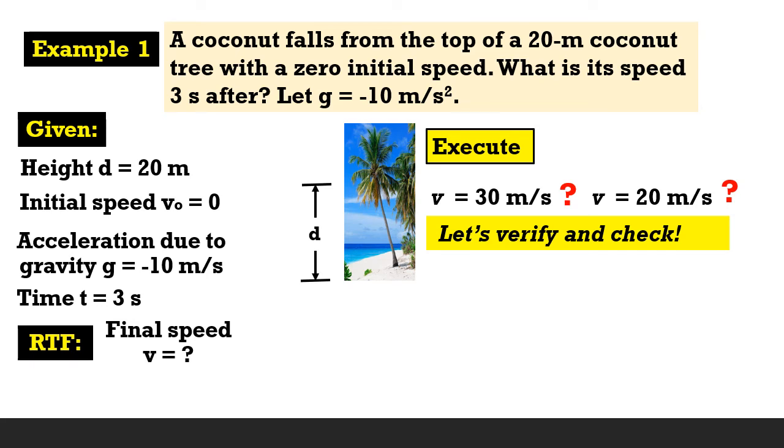Using another important equation for finding the time t, which is the square root of twice the displacement divided by g.